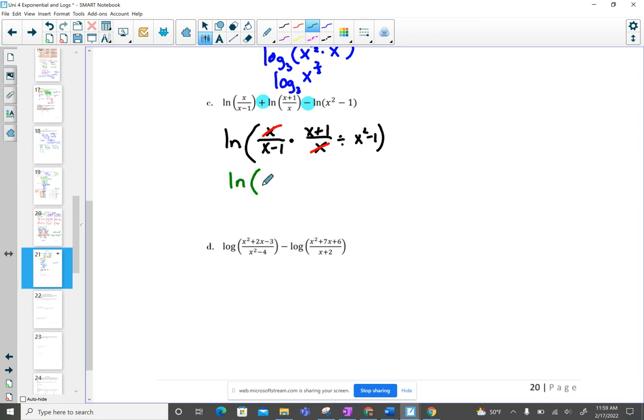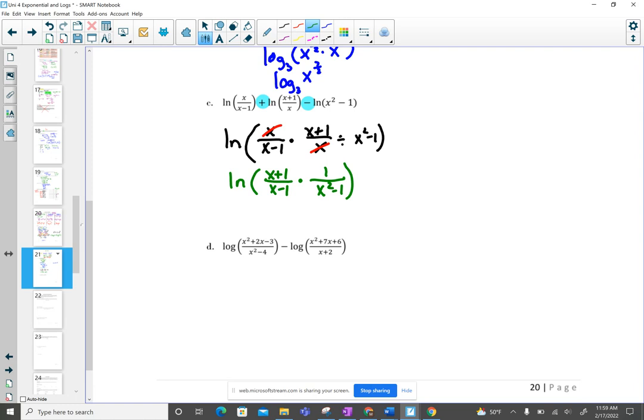I'm going to do ln of, I can multiply these together now. So I get x plus 1 on the top, x minus 1 on the bottom. Now, when you divide, it's really multiplying by the reciprocal. So we can have something like this.